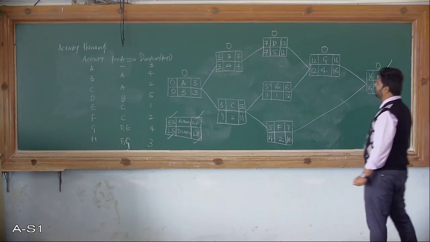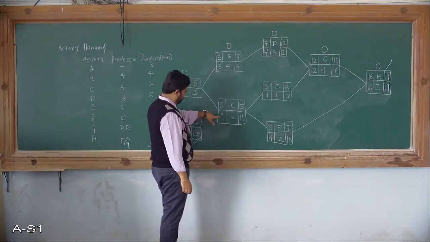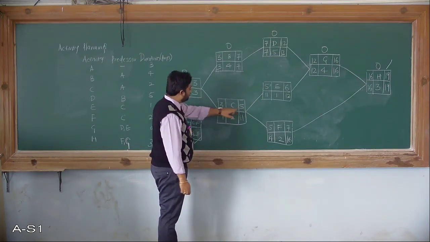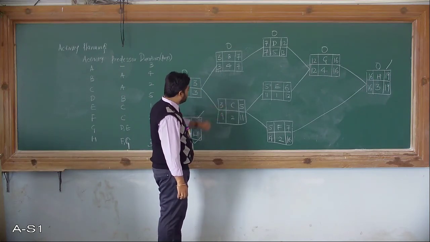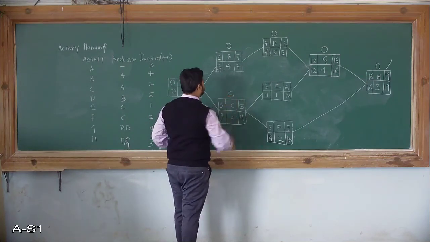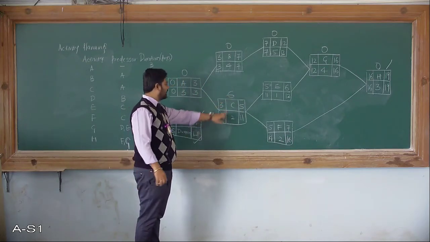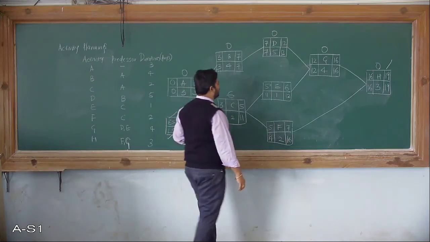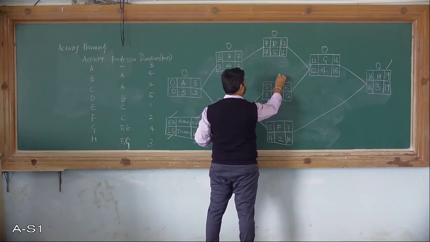Fine. Now the rest of the nodes you can observe here. 11 minus 5 is 6, 9 minus 3 is 6. The 6 is the total float for activity C. Here also 11 minus 5, 12 minus 6 is 6.